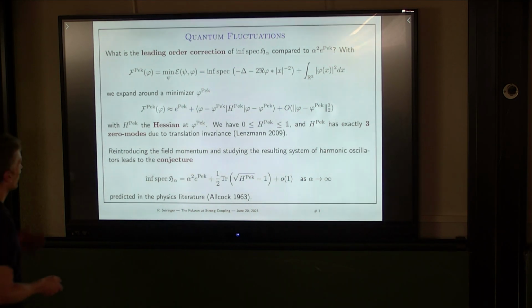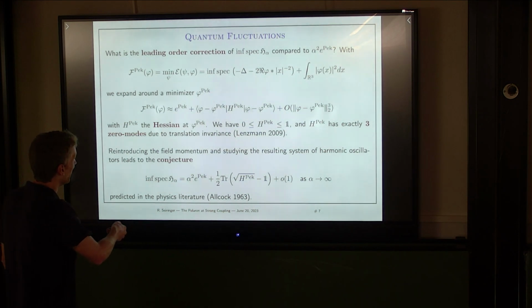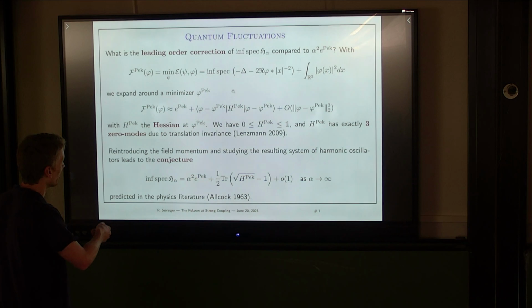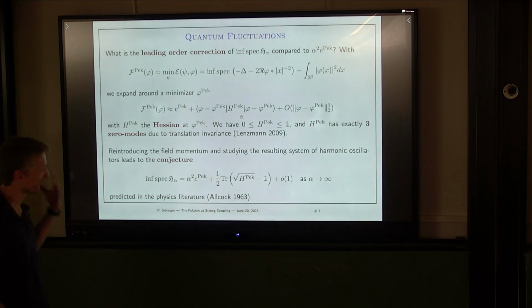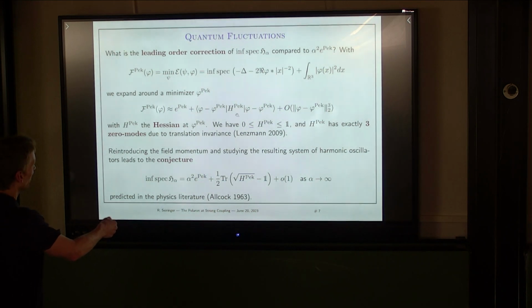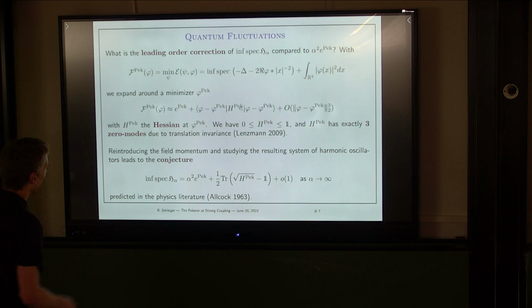So if we take this into account now, we can imagine these guys will effectively have quantum oscillations in this potential, so we'll have a bunch of harmonic oscillators which move, so to say, in a quadratic potential with frequencies given by the spectrum of this Hessian.